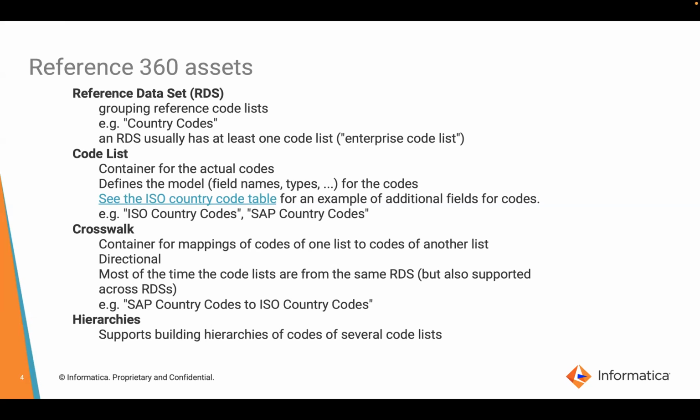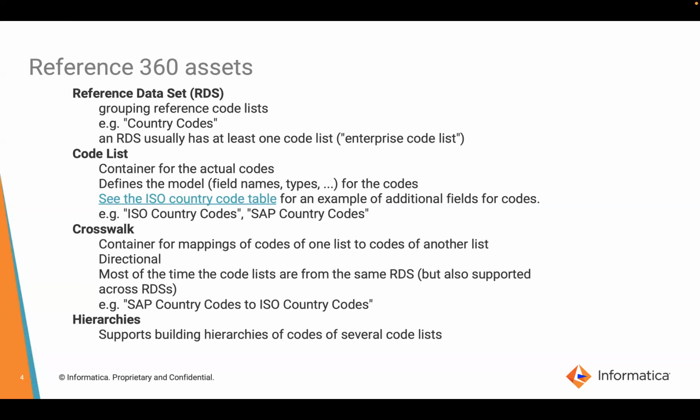But first, let's refresh what exactly are your Reference 360 assets. Whenever I say an asset in Reference 360, it can mean a reference data set, which is at the highest level and is a grouping of different code lists. An example can be country codes.